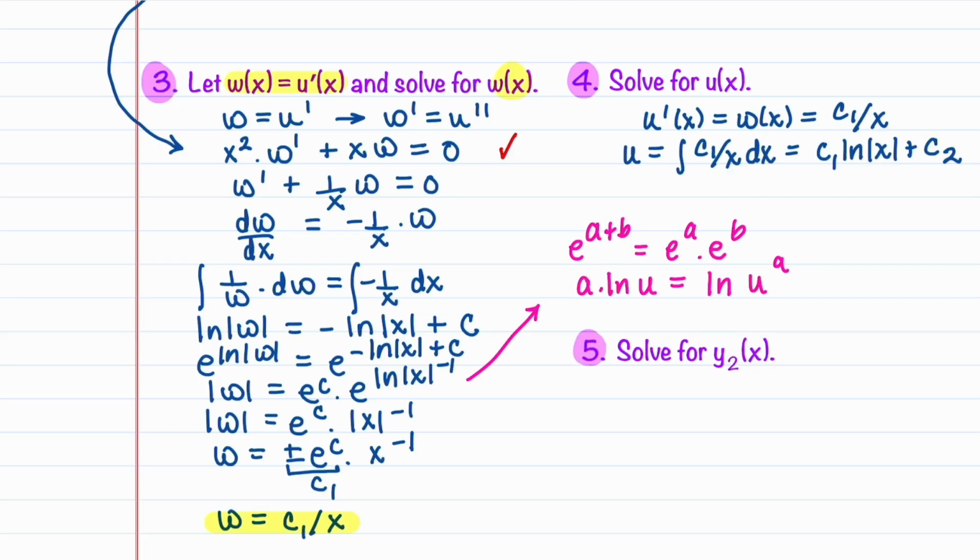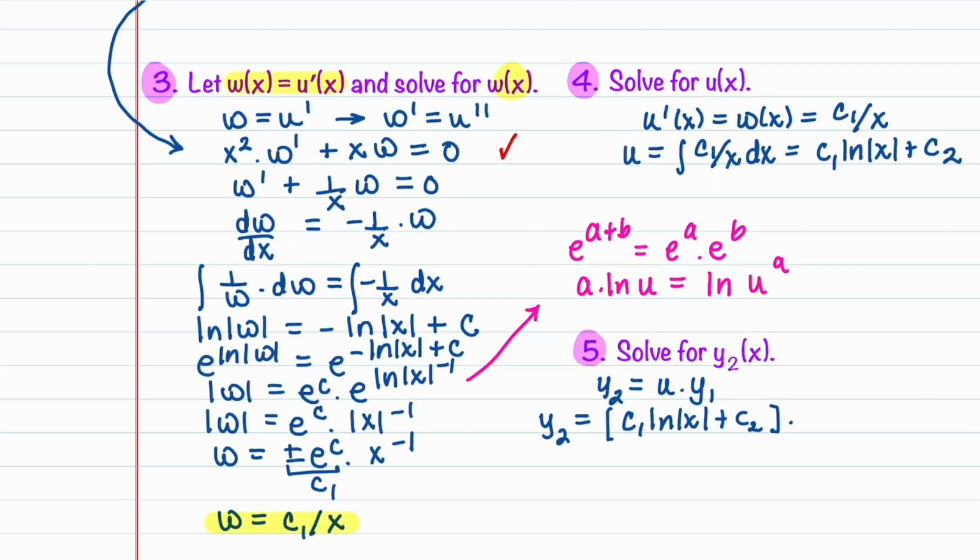And we need to solve for y2. Let's write down that y2 is u times y1. So this gives us y2 is u, which is c1 natural log absolute x plus c2, times y1, and y1 was equal to x squared.